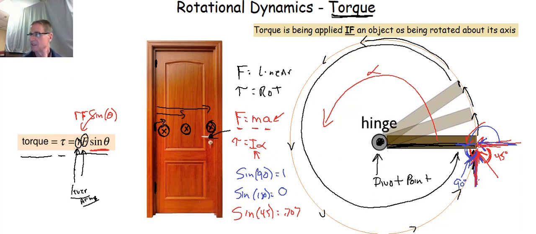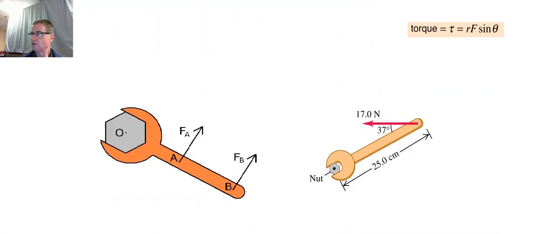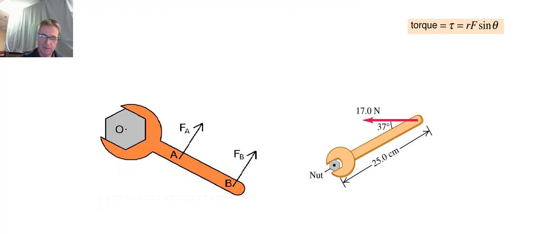So let's do a couple of simple examples of how we can determine the torque on an object. We have two possibilities here, and they're both wrenches. We have a nut here, and we have a wrench over here. Let's change that to black. And we have two forces, a force of A and a force of B. I'm going to say that FA is equal to FB, and they're both going to be 12 newtons.